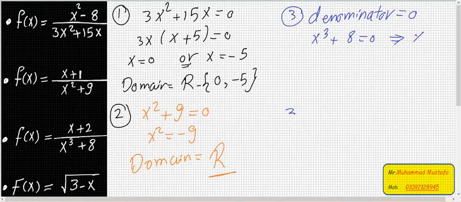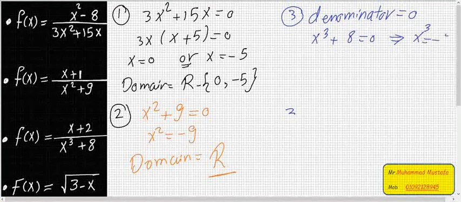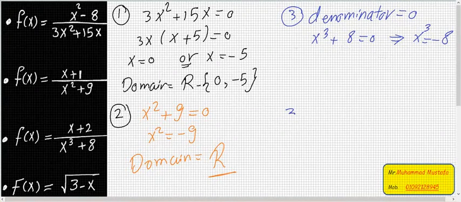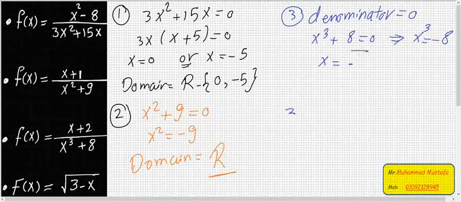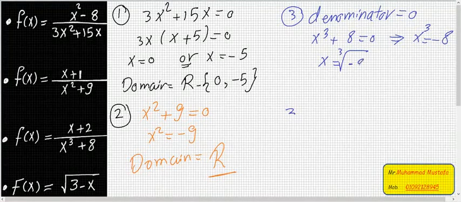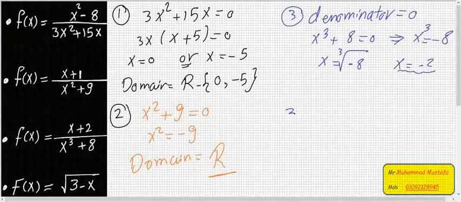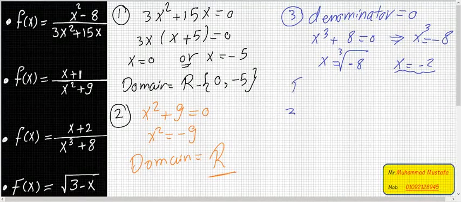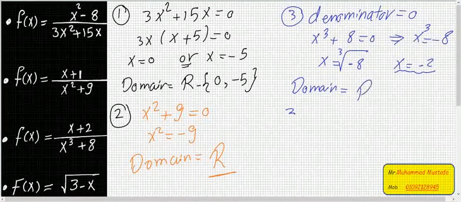That means x³ = -8. Take the cube root: x equals the cube root of -8, so x = -2. Then the domain of the function is R minus -2.